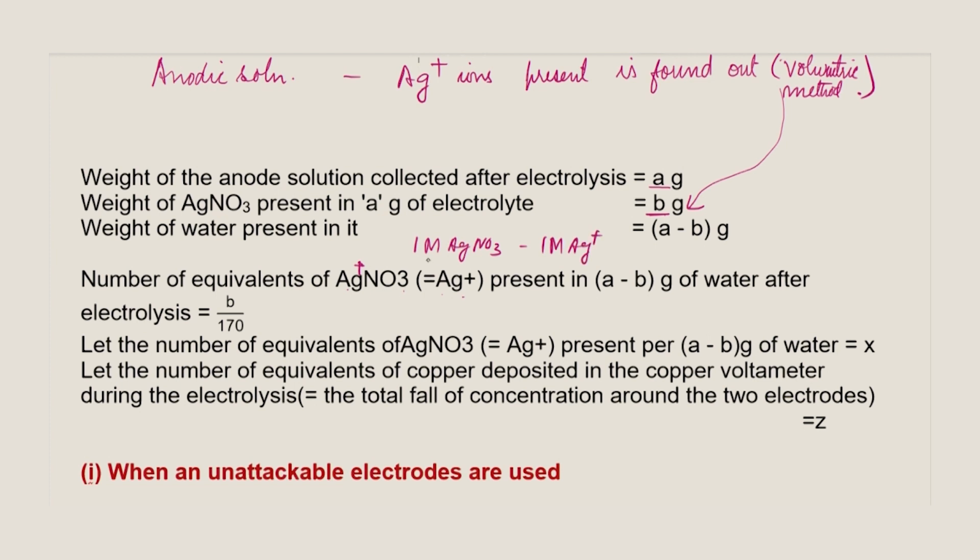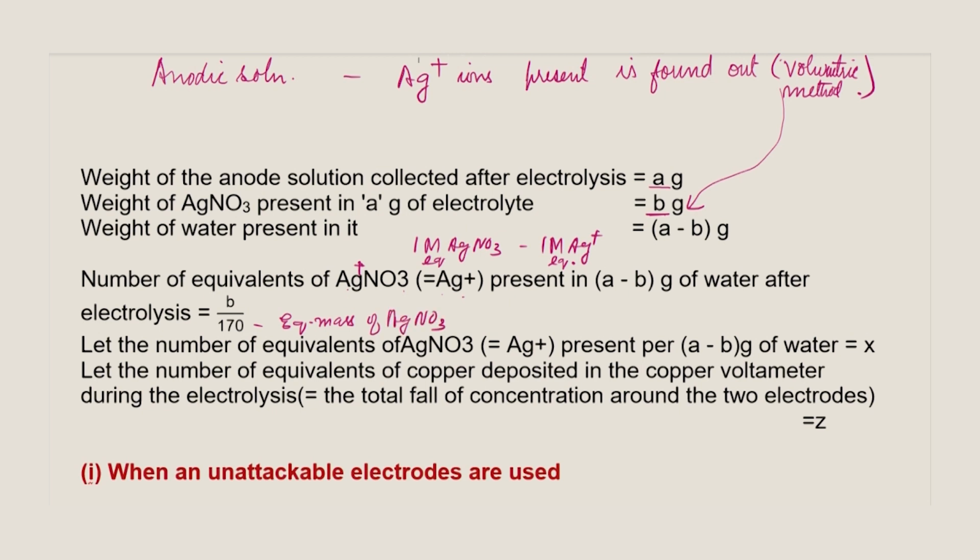Instead of molarity, if I take equivalence, that will be equal to so much equivalence of silver ions. So, the equivalents of silver nitrate, equal to silver ions present in a minus b gram of water, is b gram of silver nitrate divided by the equivalent mass of silver nitrate.